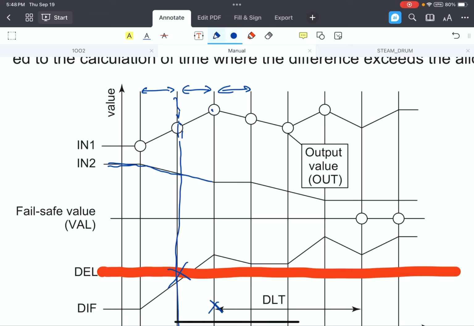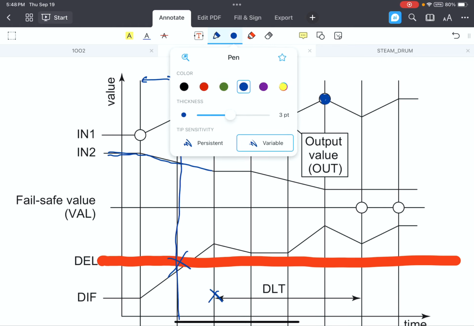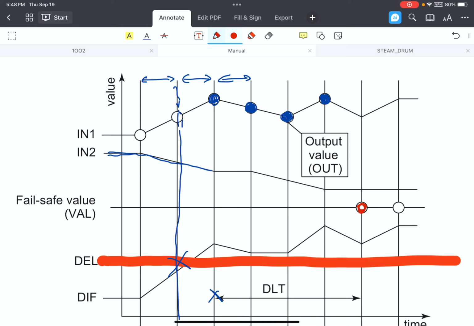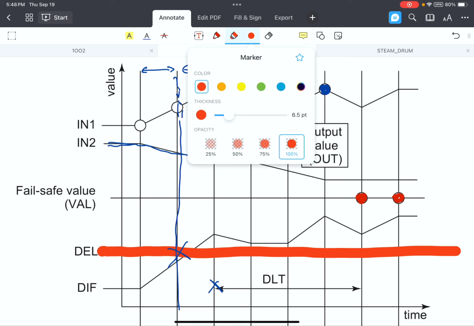From here we report the input 1, and normal quality of everything is reported to be okay. The block is working perfectly normal, but the deviation is getting worse, and the block decides to report a shutdown because the deviation is not returning to the line below the delta, the area here.